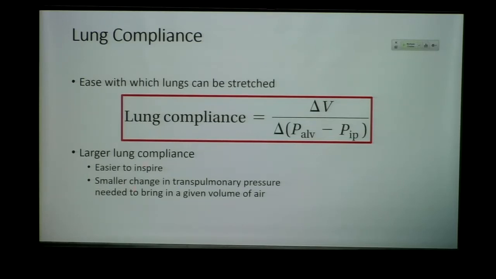So if we see a smaller change in our transpulmonary pressure, then we can bring more air in easily. And we talked about that transpulmonary pressure as being what? What was another word that we used there? The distending pressure, right? The ease of distension, right? So if we keep our transpulmonary pressure high, then we keep our compliance high, or the ease with which the lungs expand.